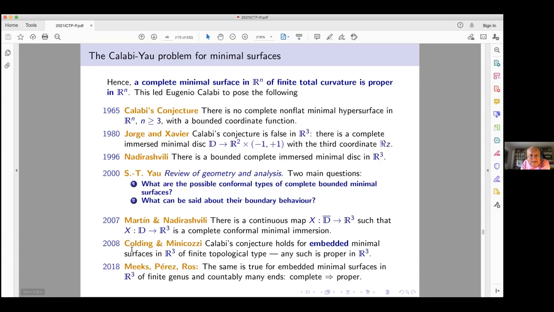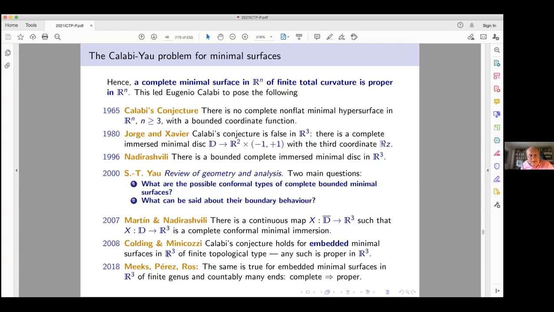In addition then, and in a string of important papers, Colding and Minicozzi showed that in fact, Calabi was right if you speak about embedded minimal surfaces of finite topological type. So any such thing which is complete has to be proper. And this is in R3 only, not in R4, but in R3.